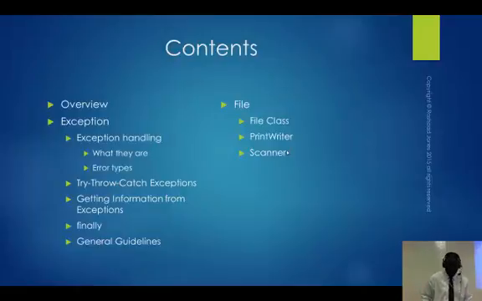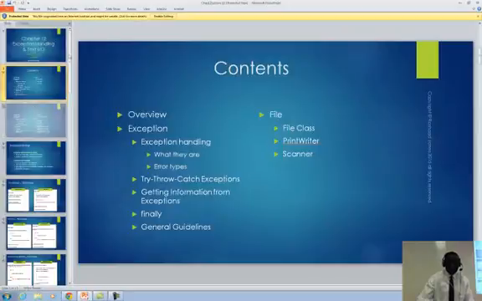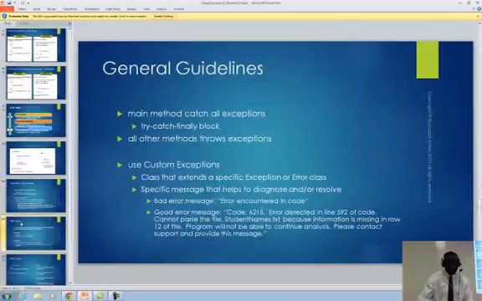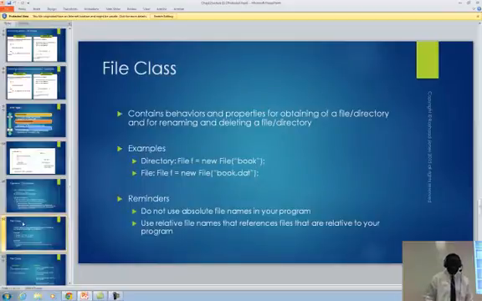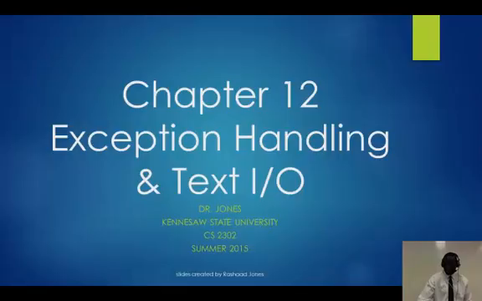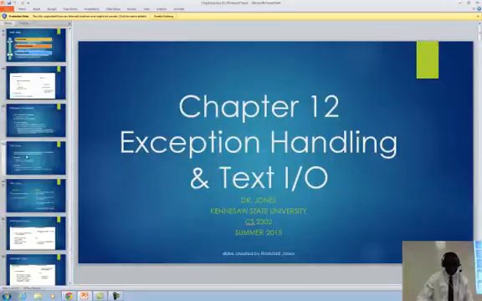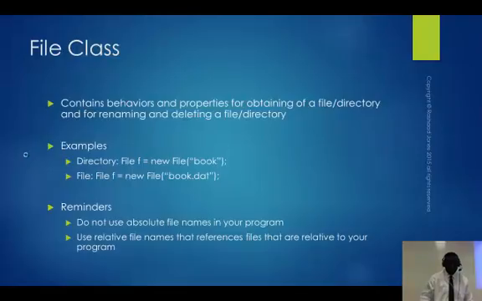Okay. So now I'm going to go over to the section where we're talking just about the files. Alright, so the File class is an object in Java where, similar to the Scanner class that you have used, we can create a file object.